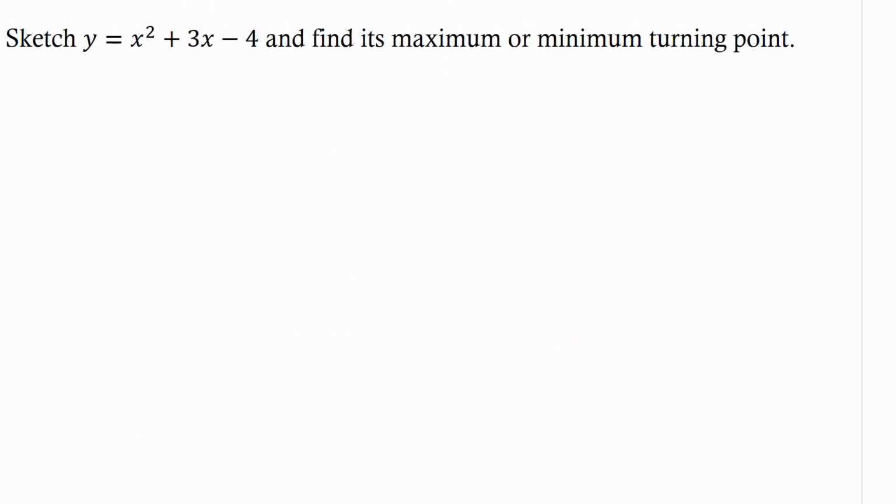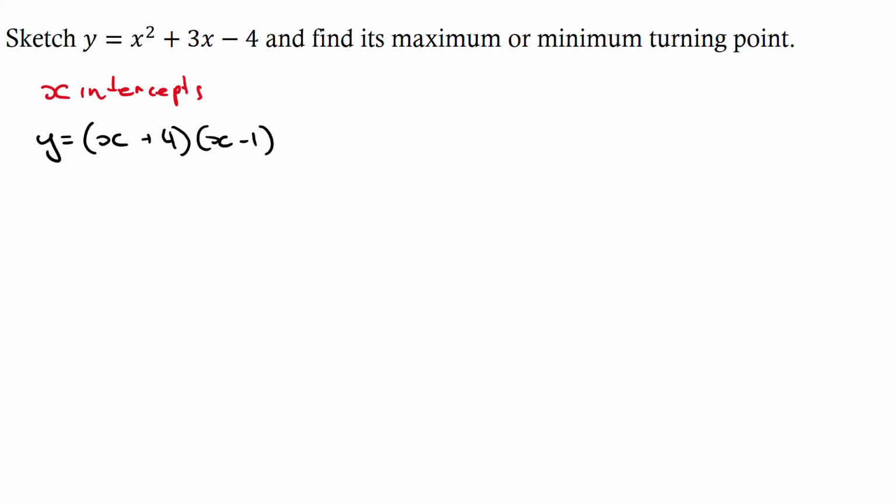So now we have to sketch a quadratic and find its maximum or minimum turning point. When you're sketching, we pretty much do exactly what we just did before. We want to find our x-intercepts. So I'm going to quickly factorize that, and we get x plus 4, x minus 1.